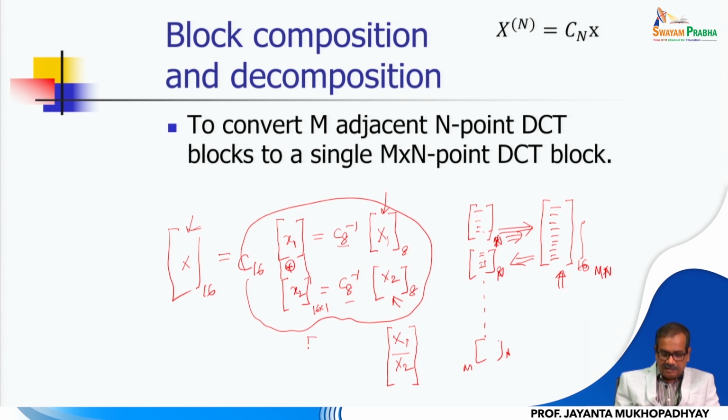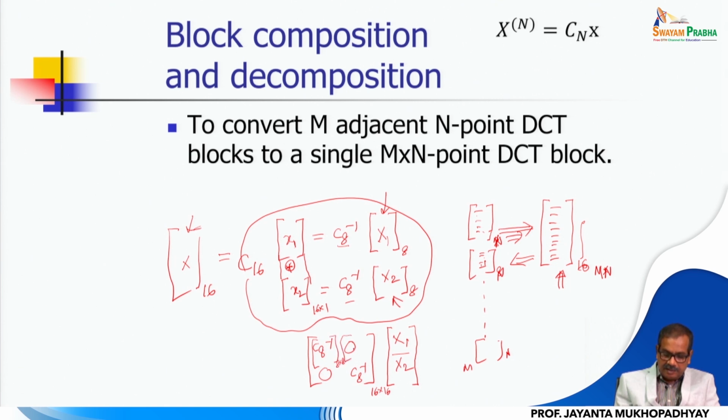Now, let me consider a matrix where the diagonal elements are this inverse block. This matrix is represented by sub matrices. The dimension is 16 cross 16, and this C8 inverse is 8 cross 8.